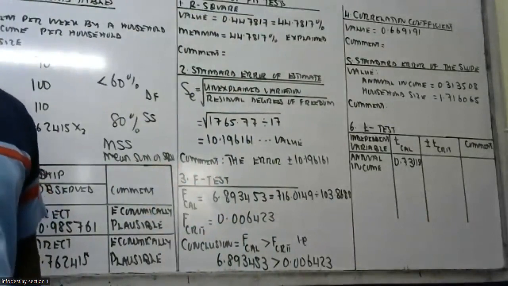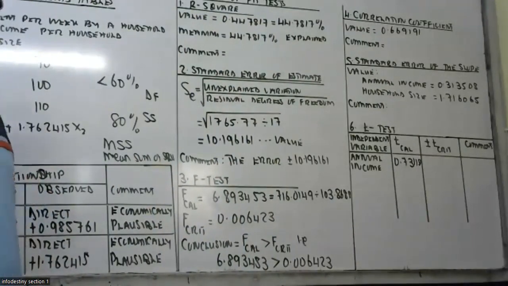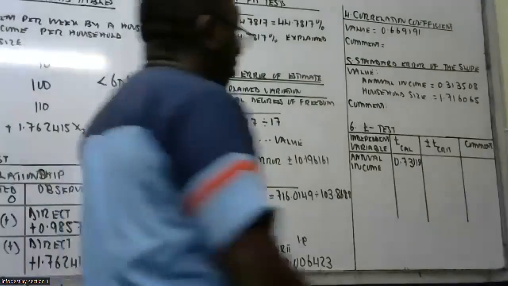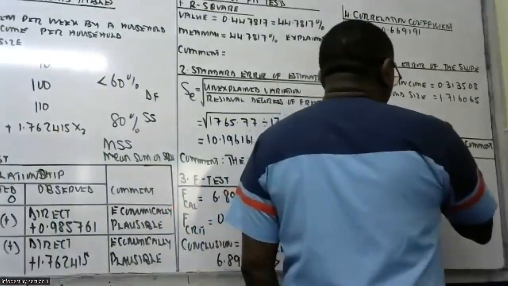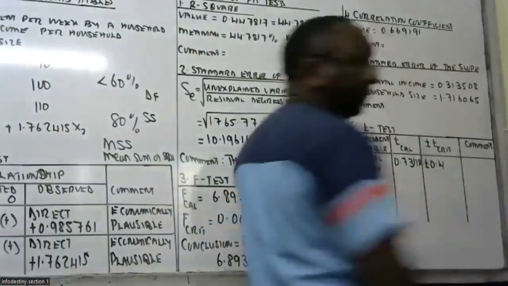Then the critical is the one the table has given as p-value. So it's plus or minus 0.4.